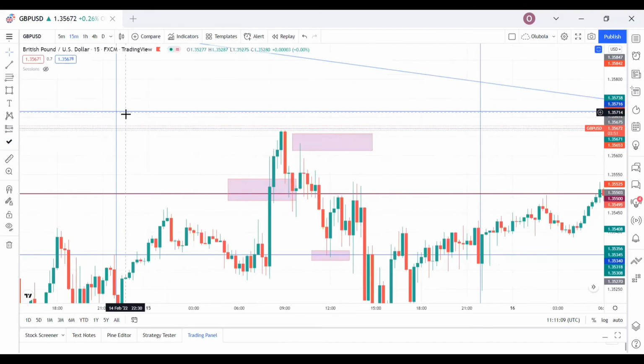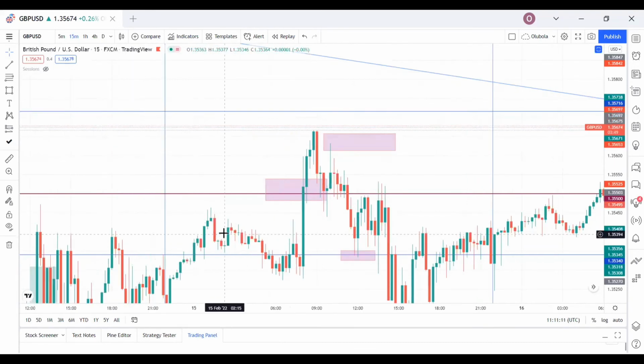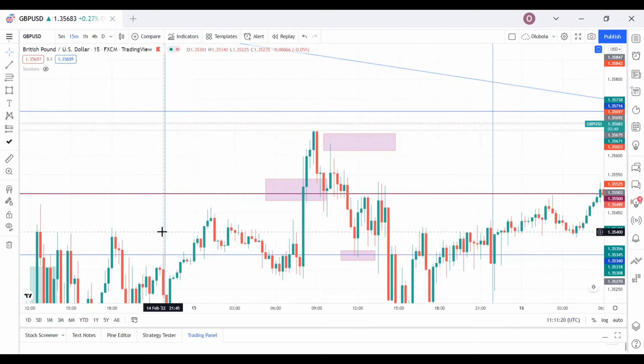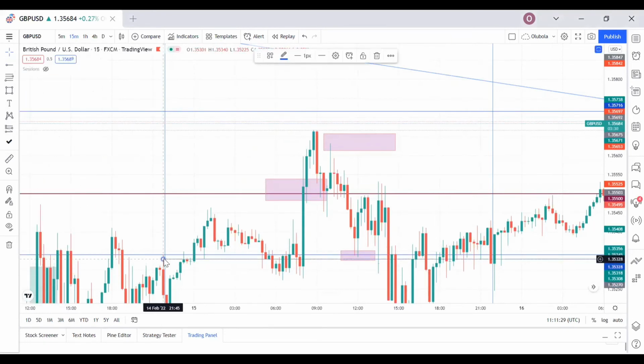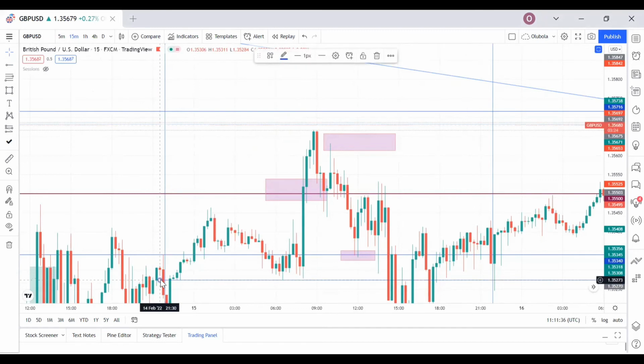The open market, that's the zero time. Now draw the low of that section, the low of the market open section, the Asian session. Come down, that bullish candle, the green candle.